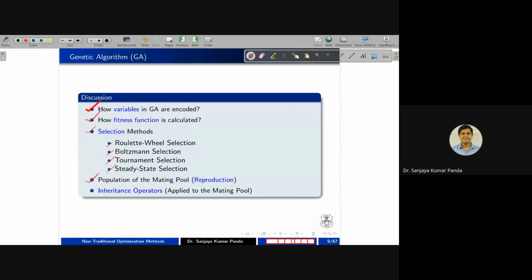So crossover is an operator. Mutation is an operator. If you negate, if you, let's say, take the complement, 0 to 1 and 1 to 0, that is also an inheritance operator. So there are several types of operators that we have to use to generate different populations, right?